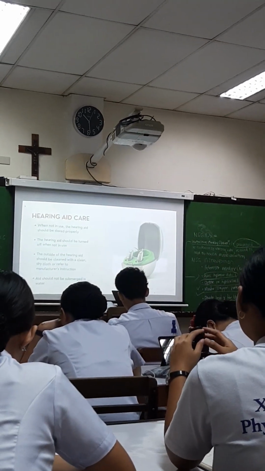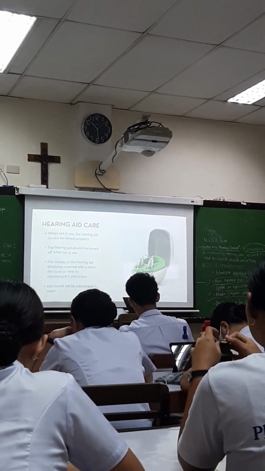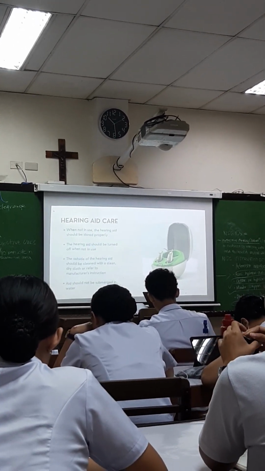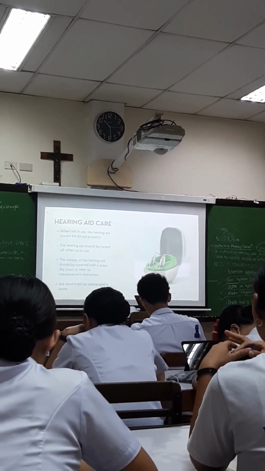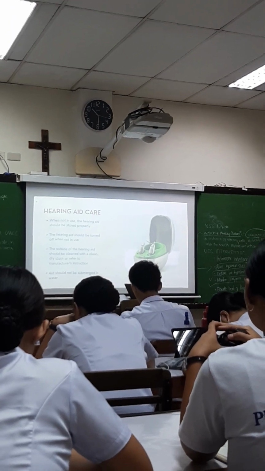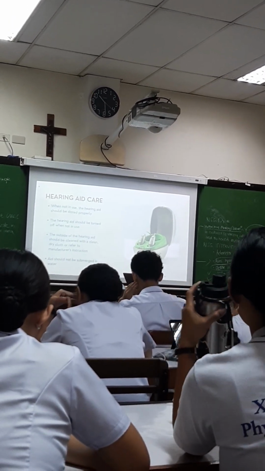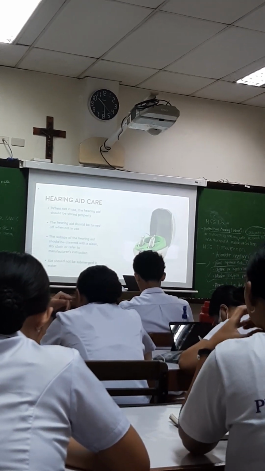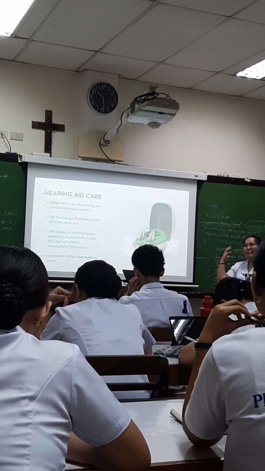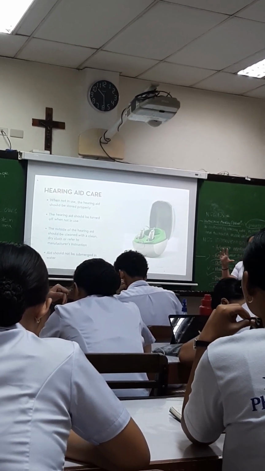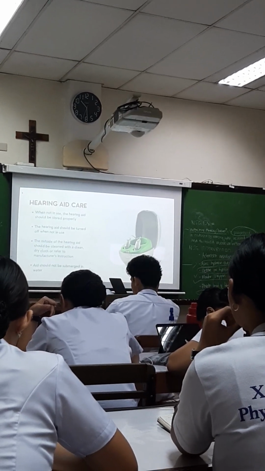So, if our patient has a hearing aid, what we do first: when not in use, the hearing aid should be stored properly and turned off. The outlet of the hearing aid should be cleaned with a clean, dry cloth, referring to the manufacturer's instructions. The instructions are in the box, so you can refer to them when cleaning the hearing aid.